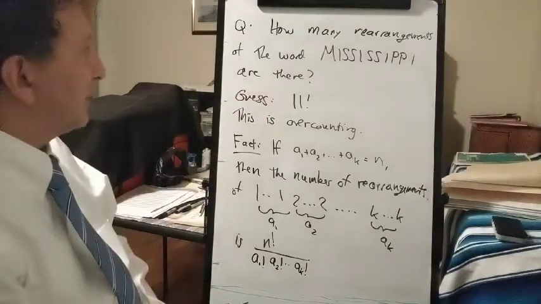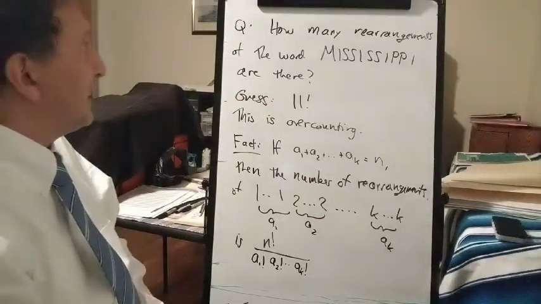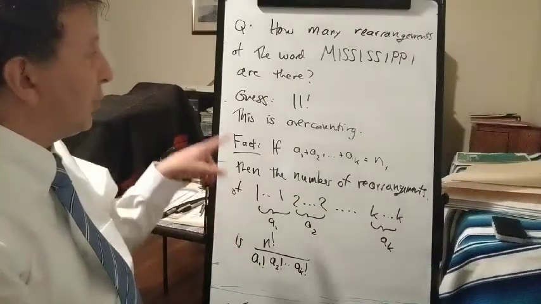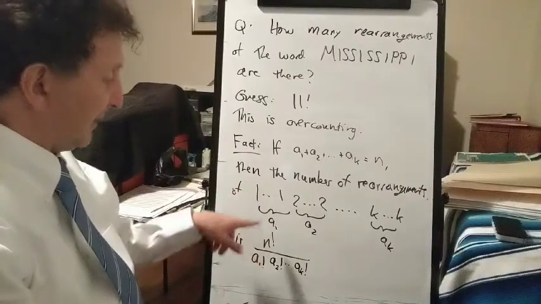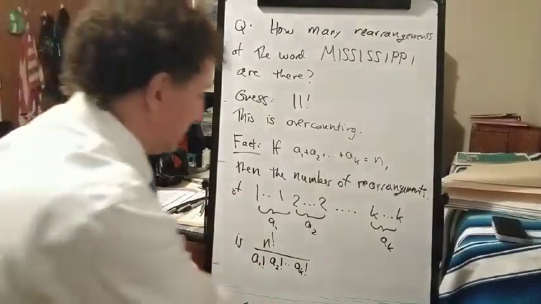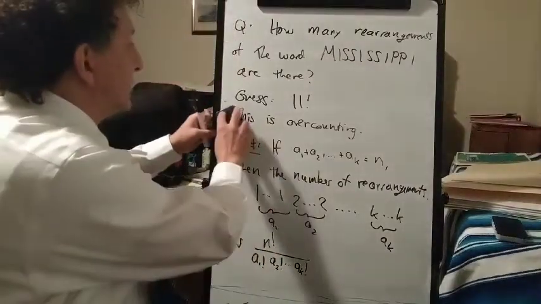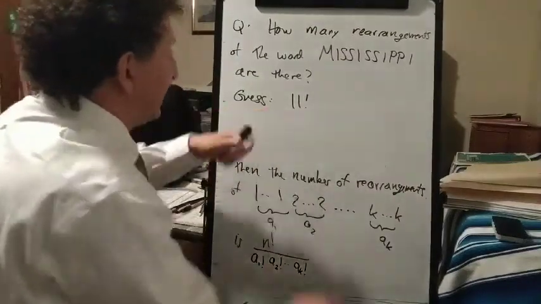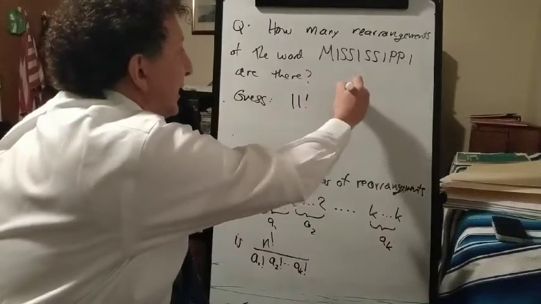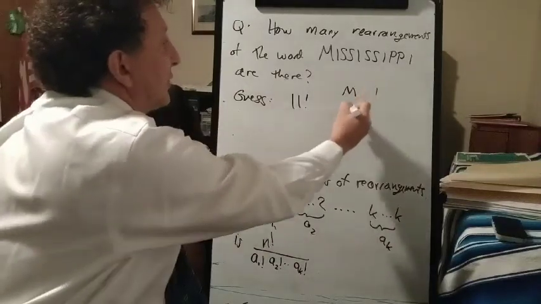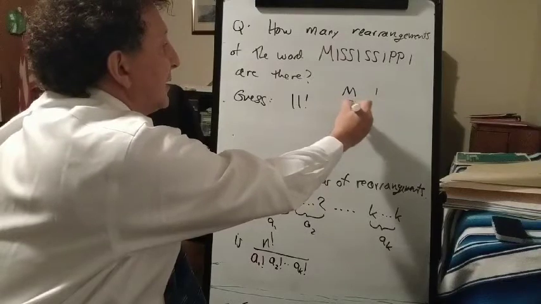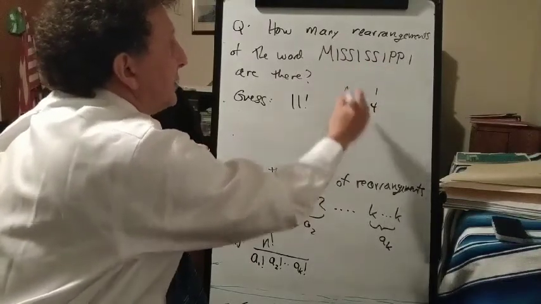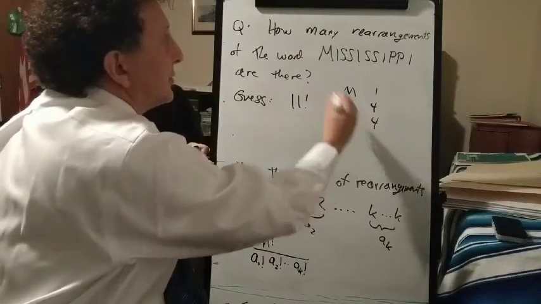Alright, so let's go back to our question. How many rearrangements of the word Mississippi are there? Well, we need to figure out what letters are repeated and how many times each one of them is repeated. So we have 11 letters. M appears once. I appears 1, 2, 3, 4 times. S appears 4 times.